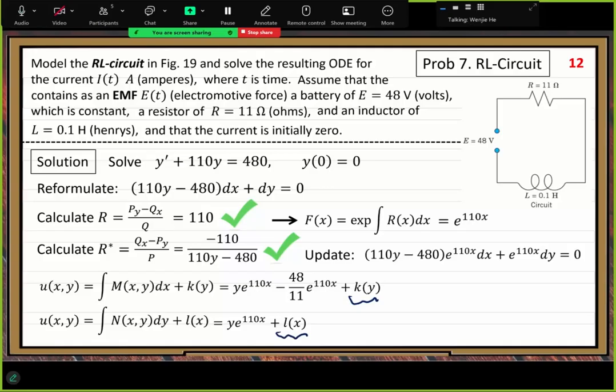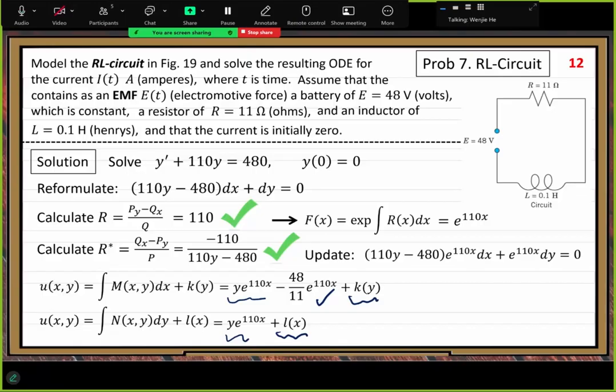Then, as I said, the shortcut way: when we write the final U function, this term is a common term, and for common terms we only take one copy. This term appears in the first equation, so let's just copy it. Carry it over.